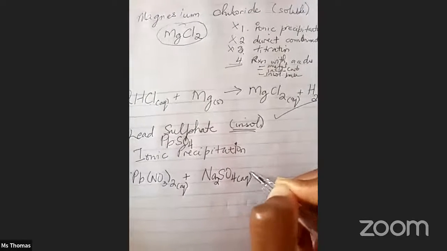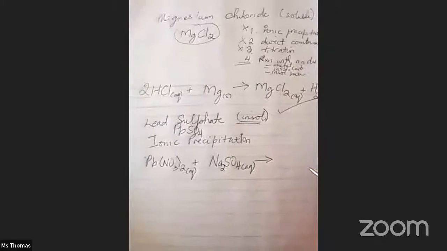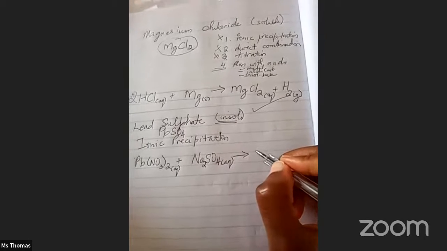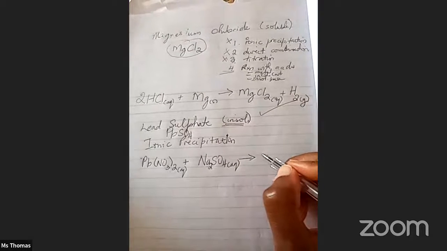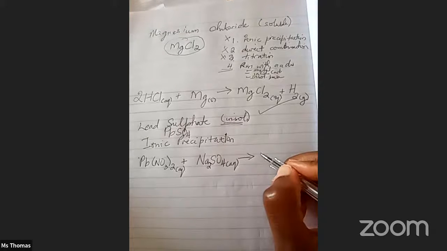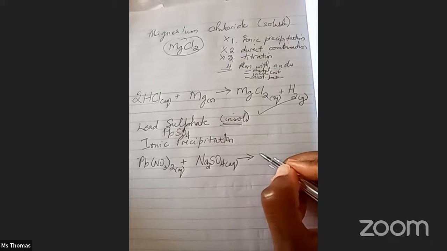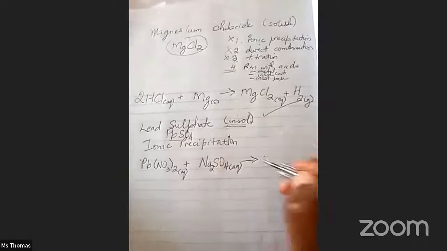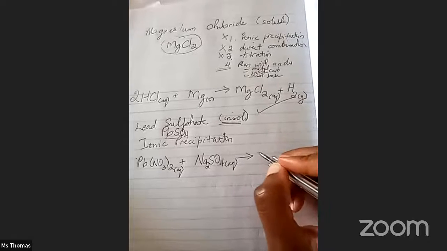And so what are my 2 products going to be? Sodium nitrate or sodium sulfate or something. Look good. What am I producing? What salt do I want to make? Oh, lead sulfate.